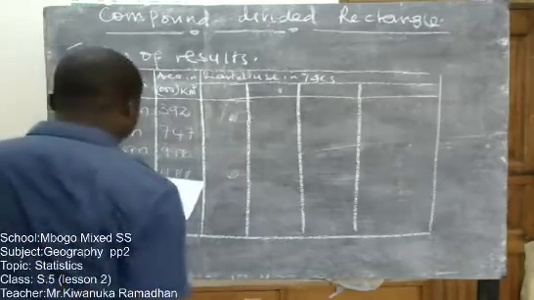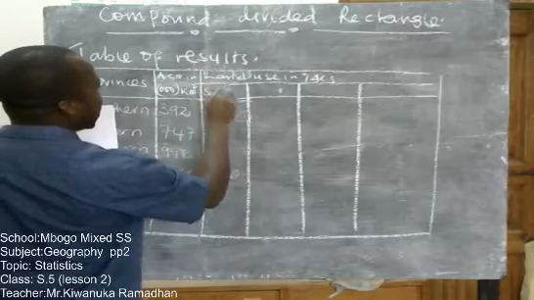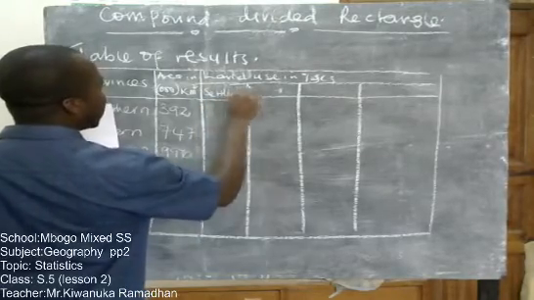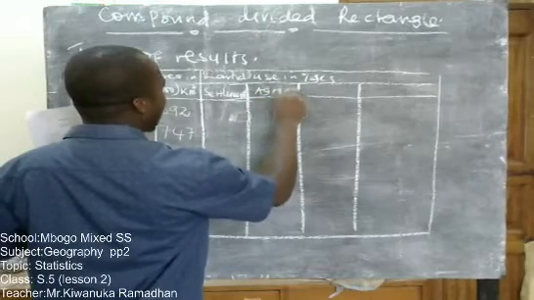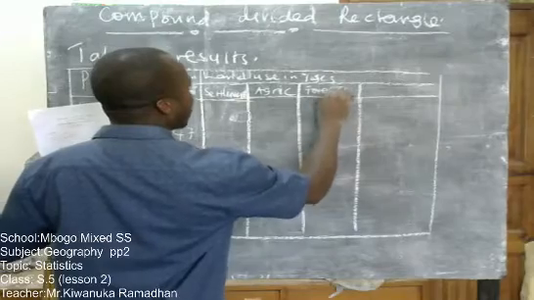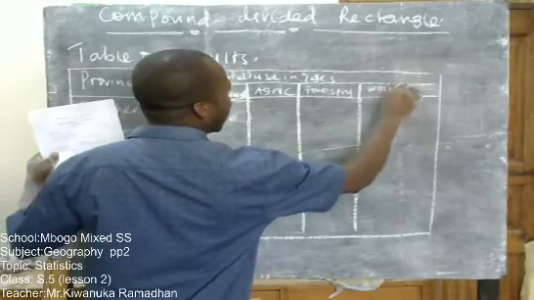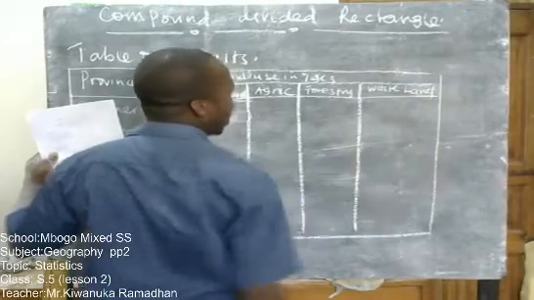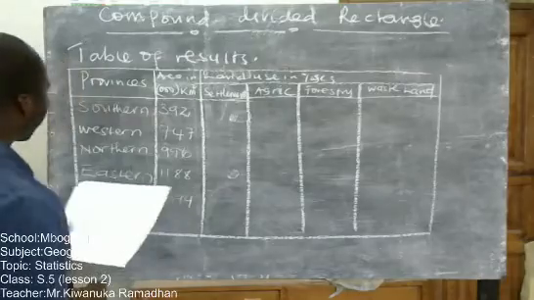Then we go to land use in percentages. Here we have our settlement, followed by agriculture. Here we have forestry. Then this is the wasteland.